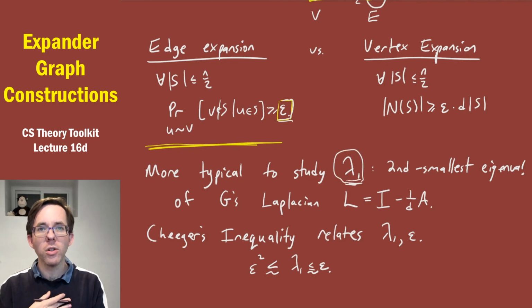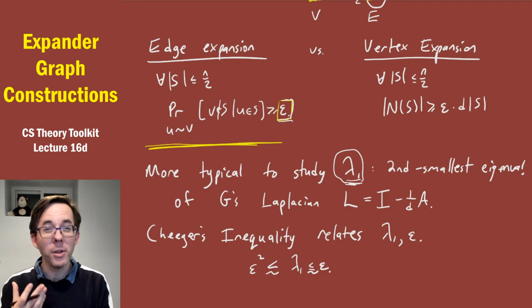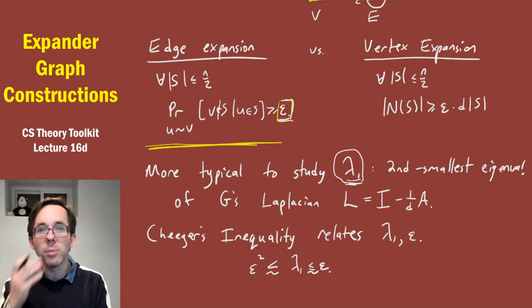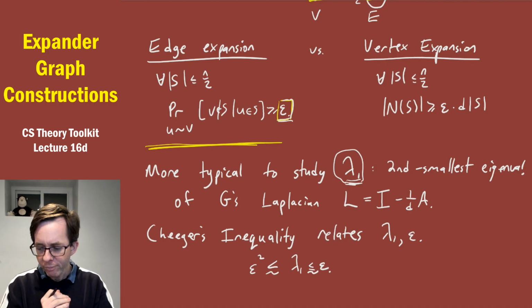And that's what we'll do, because the second smallest eigenvalue has a polynomial time algorithm for computing it, so it's somehow easy to understand mathematically. It's characterizable. Whereas as we saw, the minimum edge expansion parameter, the minimum conductance, is NP-hard to compute, so it's hard to get your finger on it mathematically.